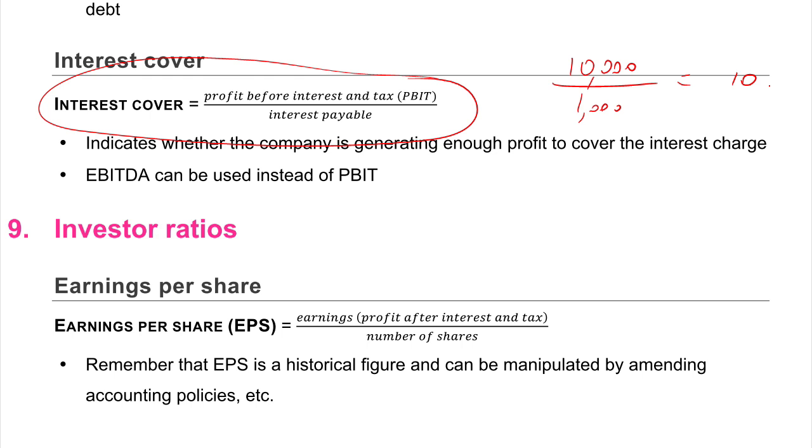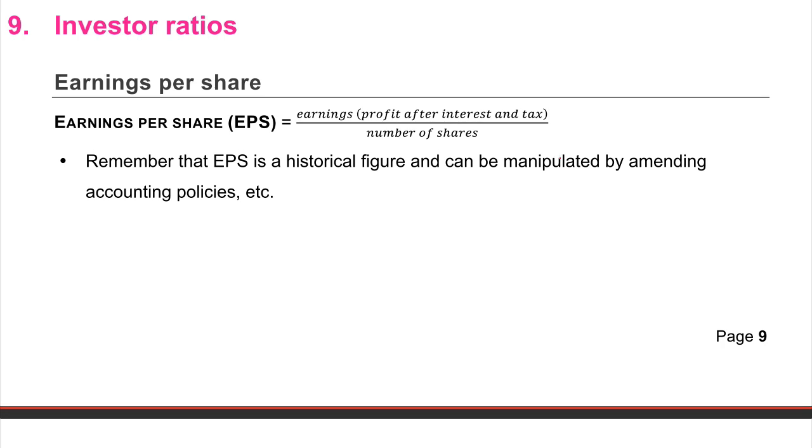Now, from an investor perspective, the kind of things that shareholders are particularly interested in: earnings per share, which is just distributable profits divided by the number of shares. That's good for looking at trends over time, but you've got to watch out for things like changes in accounting policy, which can affect earnings, which doesn't reflect any change in the underlying performance of the business.